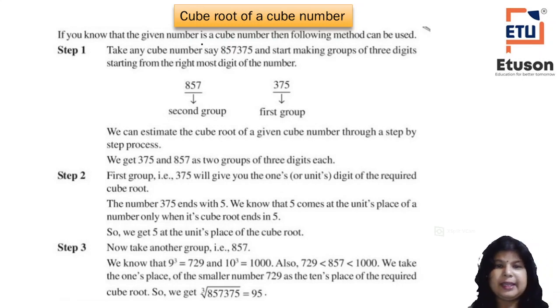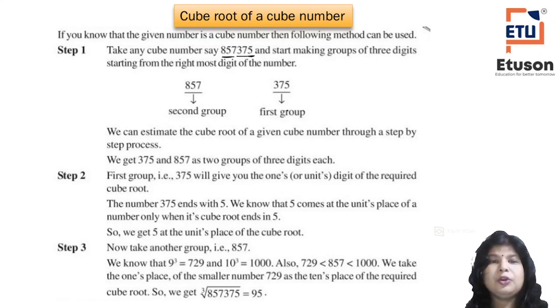In this case, as you can see, the rightmost digit is 5, which is at the units place. So you have formed a group of 3 starting from this number. Remember, starting from the units place, you have to form the group. So 1, 2, 3. This is the first group. Then the remaining number will form the second group.